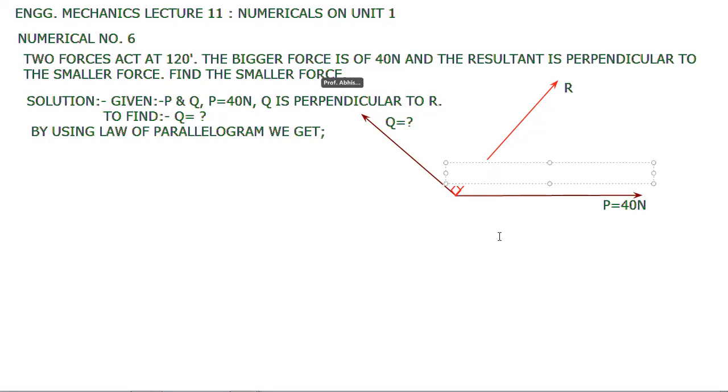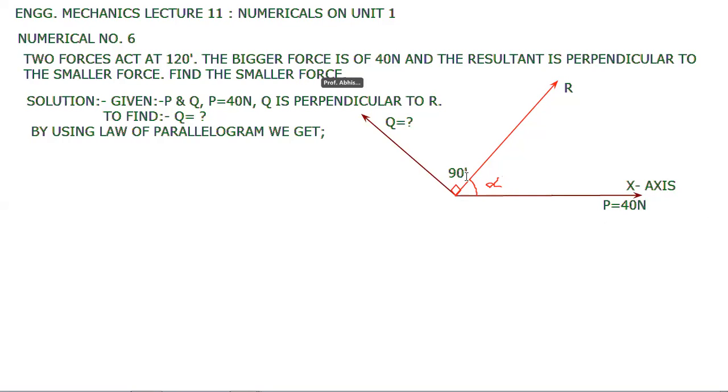What is alpha? Alpha is nothing but the angle made by the resultant with the horizontal x-axis, and your x-axis is here, which is parallel to your force P. This is nothing but your x-axis.